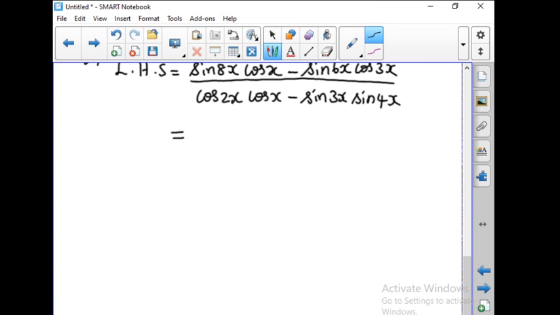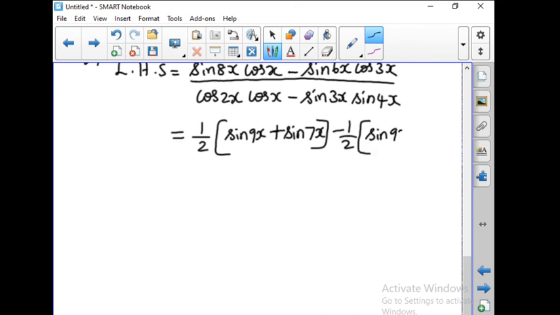First, sin A cos B, so 1 by 2 of sin A plus B, that is sin 9x, plus sin A minus B, that is 7x, minus 1 by 2 of sin A cos B, again the same formula, sin A plus B, that is 9x, plus sin A minus B, that is 3x.